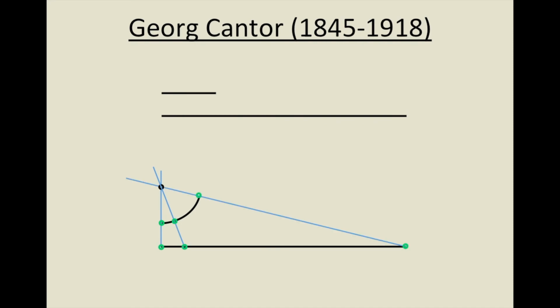But it's of course, similar. So that way we see that each point on the segment 0, 1 is paired with one point exactly on the segment 0, 4, and vice versa. Each point on the segment 0, 4 is connected to a point on the segment 0, 1.